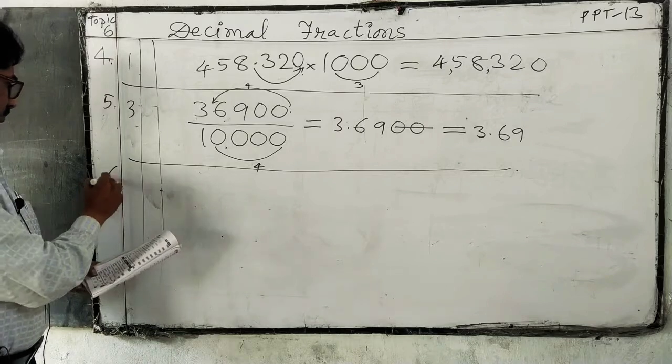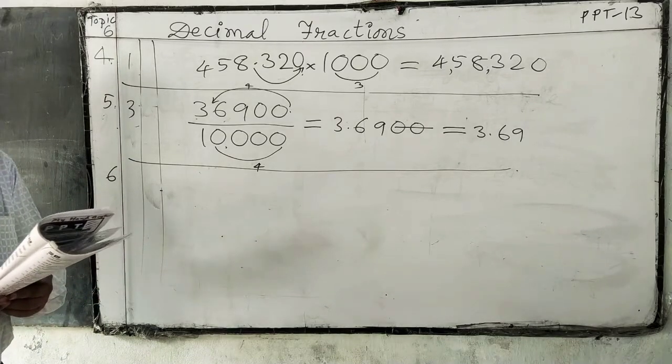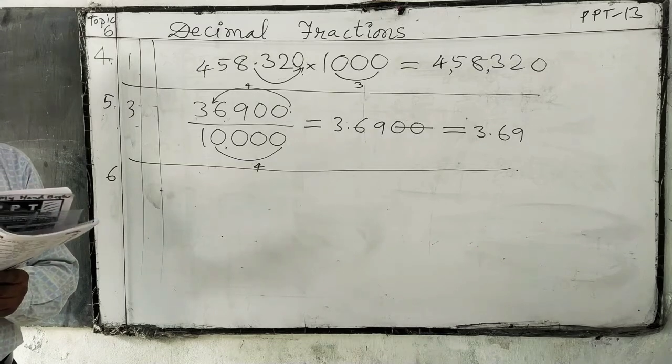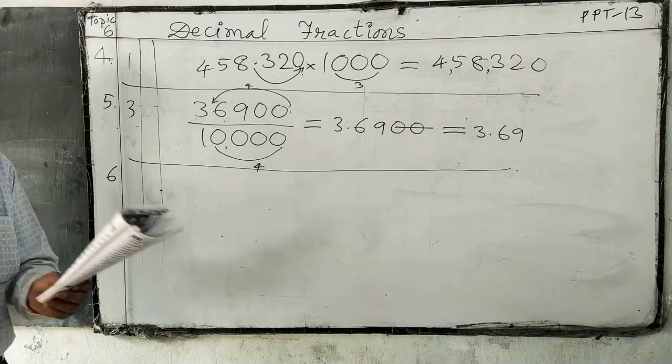Next, sixth problem. The difference of the position value of 7 in the number 178.6758.